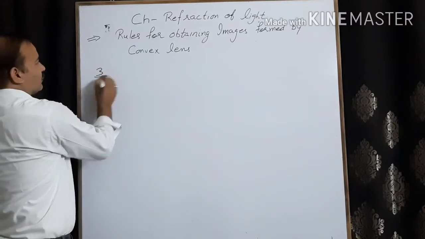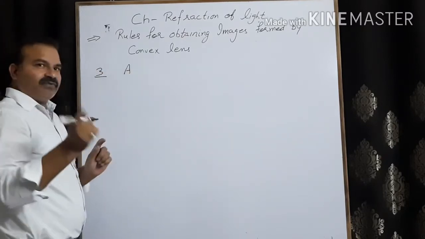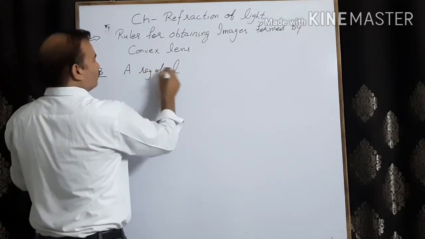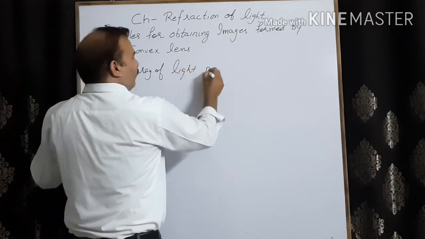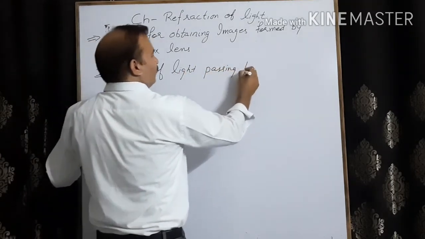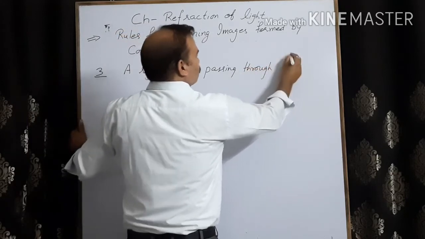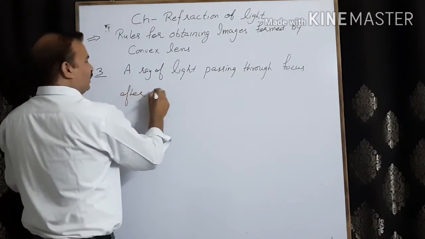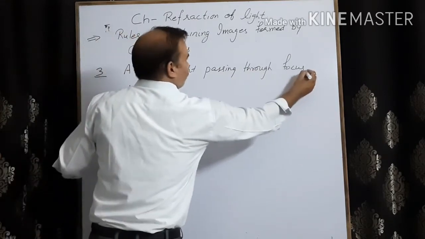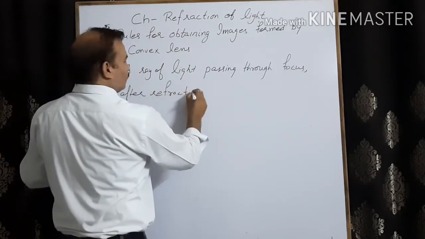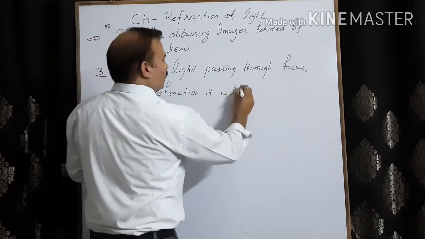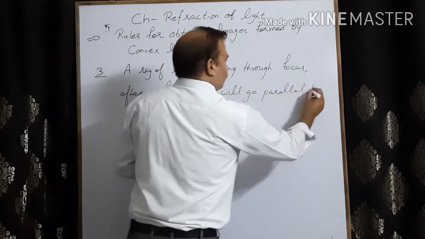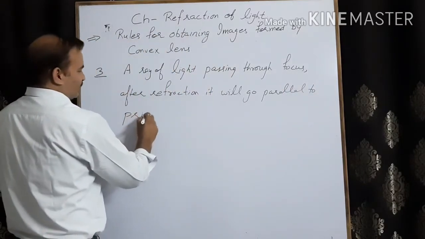The third rule is the reverse of rule number 1: a ray of light passing through the focus, after refraction, will go parallel to the principal axis.